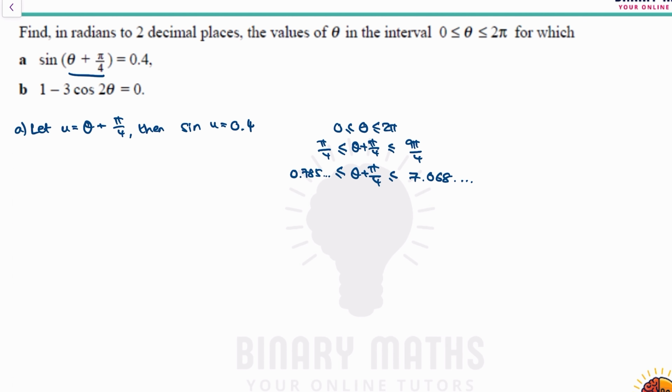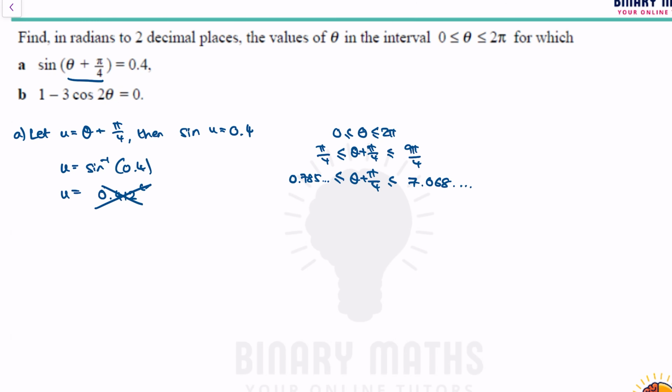Okay, if I want to find u, I'm doing inverse sine of 0.4, and when I put that into the calculator, I get 0.412 radians. The question is in radians. And that number is not in my range, so I've crossed out that solution.